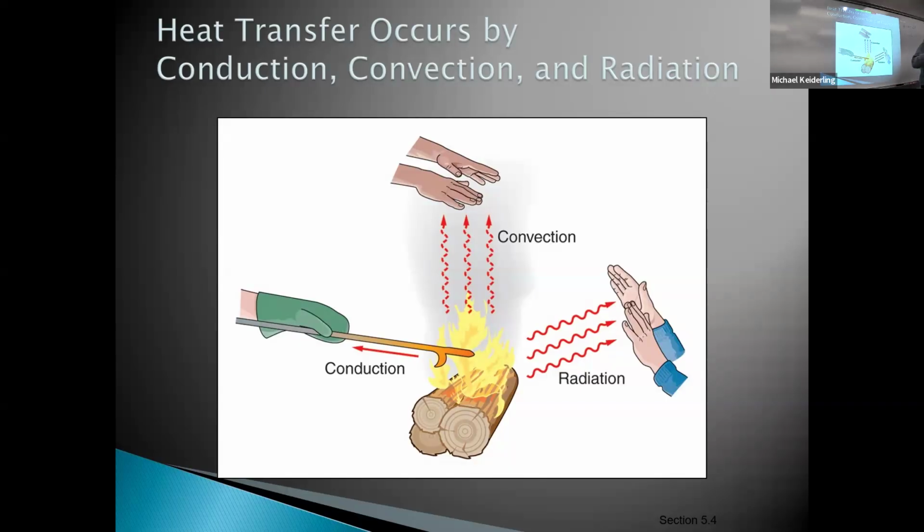Anything with a temperature emits electromagnetic radiation. This is part of why this gas is burning blue. It's well mixed, but if I futz with it, I can make it yellow.